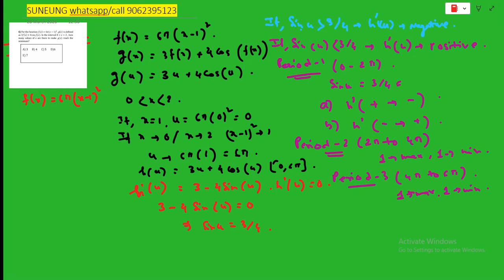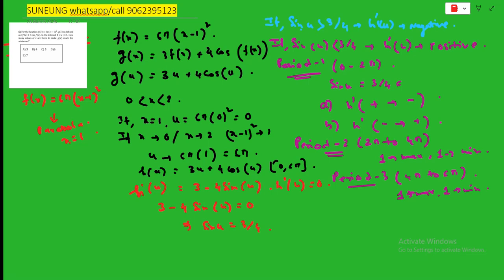Now this is a parabola, right? Centered at x equal to 1. Now every value of u except 0 occurs twice for x in the interval 0 to 2, once to the left of x equal to 1 and once to the right.